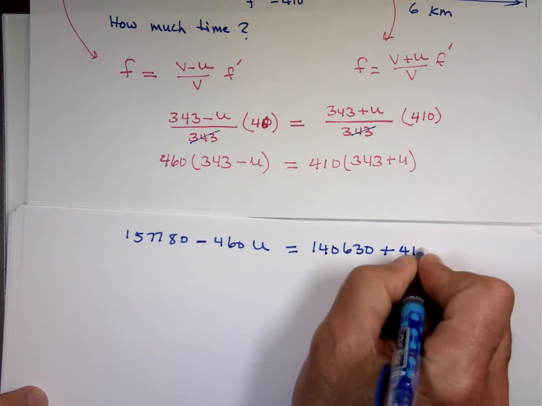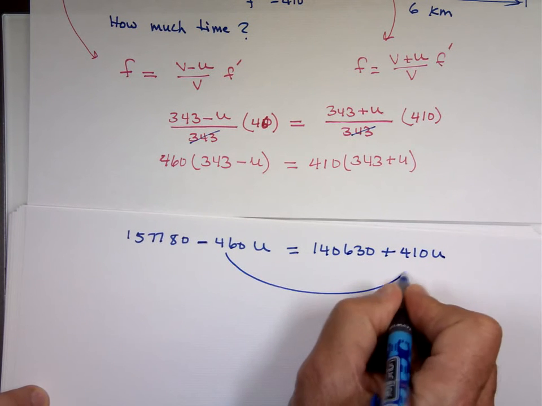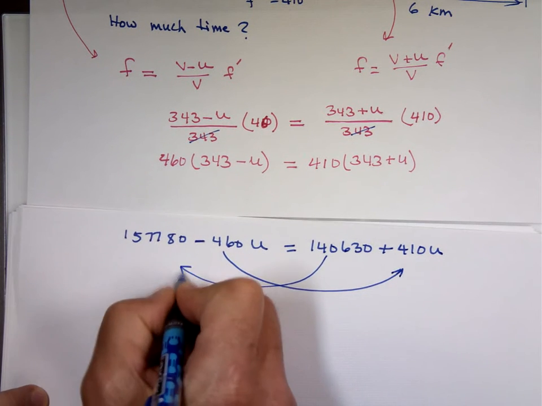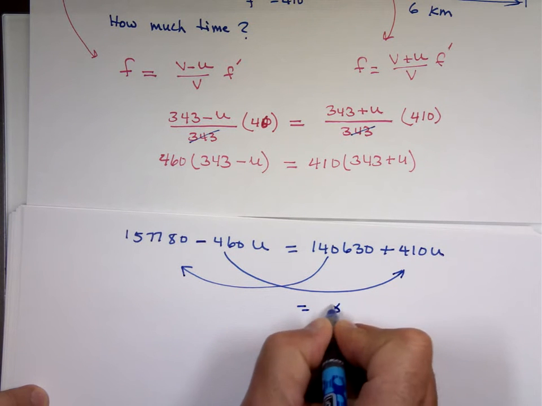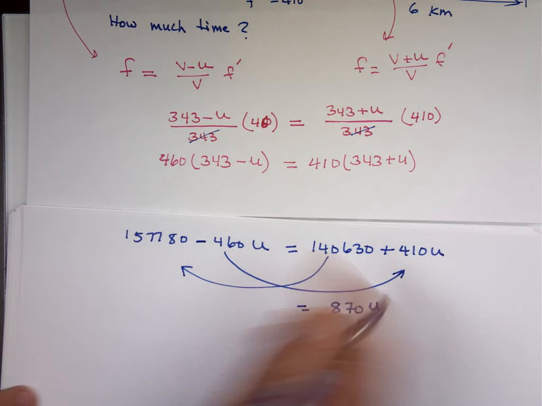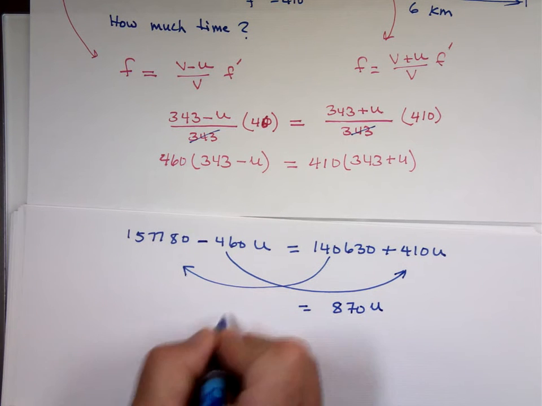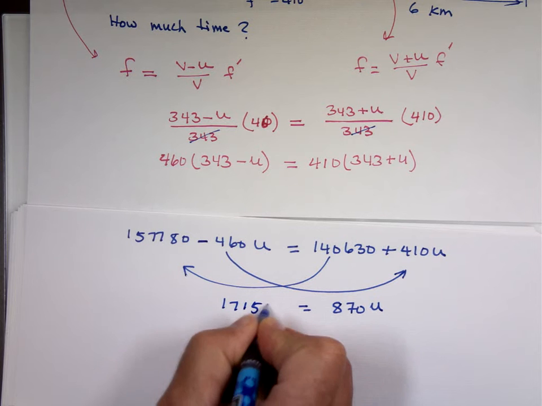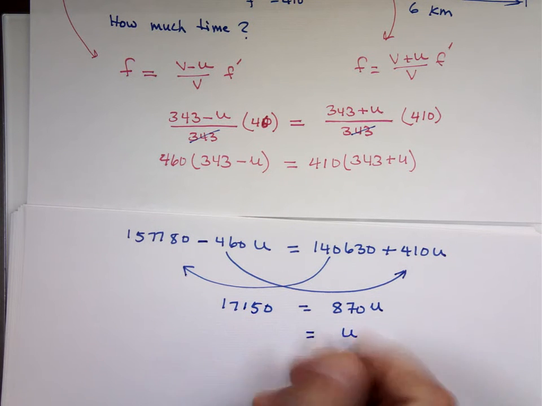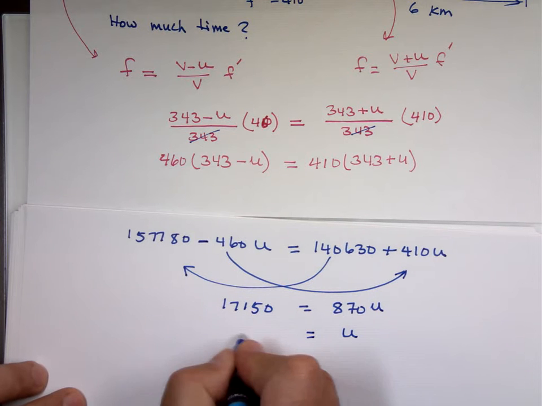Move this one to this side, move this one to this side. 870U, that becomes a plus, equals 17,150. What is the speed of the fire truck? 17,150 divided by 870 is roughly 19.7 meters per second.